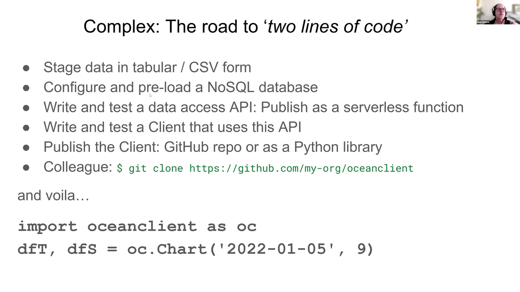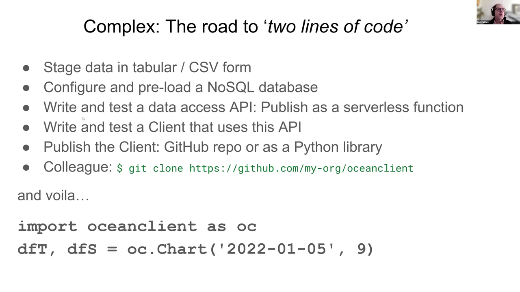You would then configure and preload that data into a NoSQL database that's on the cloud. So that NoSQL database, I have to emphasize, is offered as a service by the cloud provider. In the case that we're working through here, we are using the Azure cloud, the Microsoft Azure cloud, and their database service is called Cosmos DB. So we'll be using Cosmos DB to implement a NoSQL database.